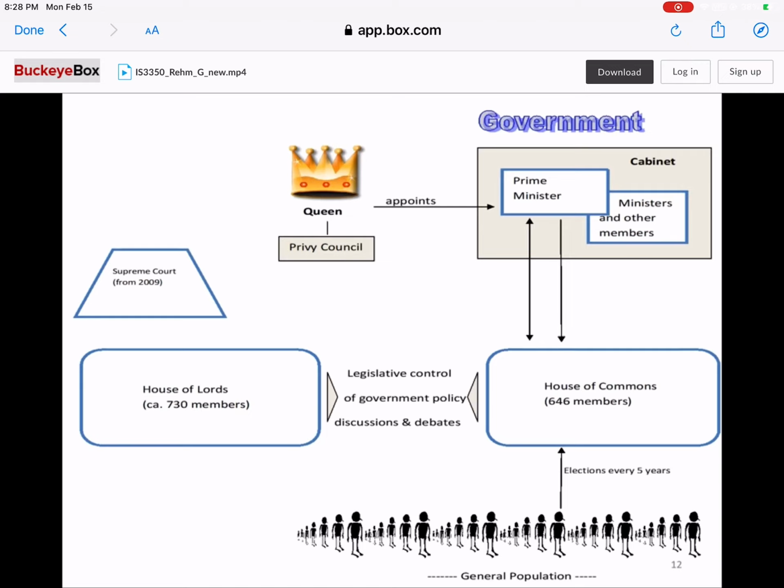Note also that the House of Commons or the Parliament at any point in time can simply elect a different prime minister and therefore fire the existing prime minister. And this is something that happens. So sometimes prime ministers resign, and then the parliament elects someone else. This happened recently with David Cameron and Theresa May after the Brexit vote. Sometimes the prime minister becomes very unpopular and is forced out.